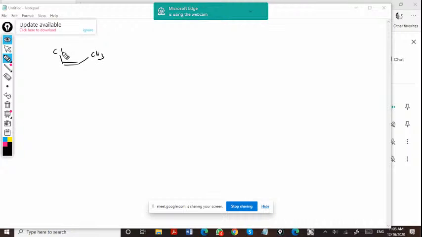So this is butene treated with metachloroperoxybenzoic acid. Okay. This is also a peracid, which will result in the epoxide. So what could be the product?